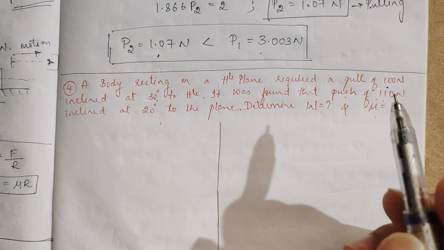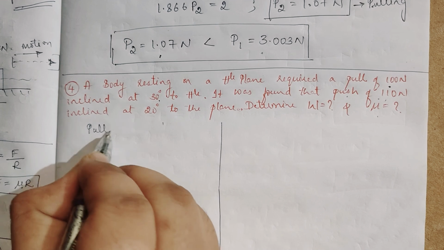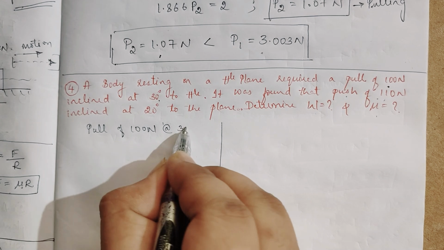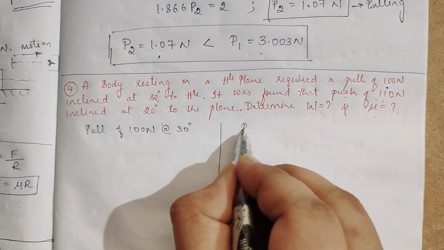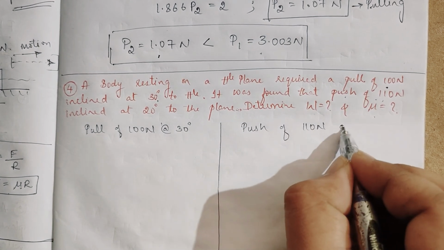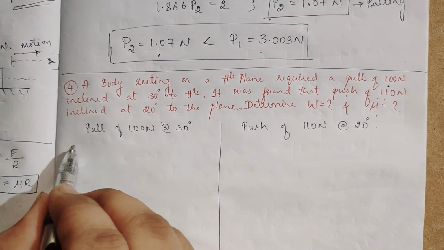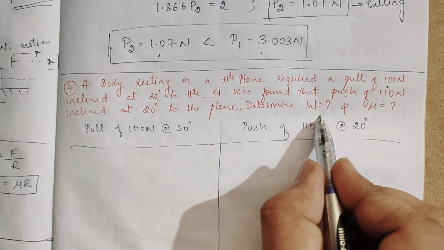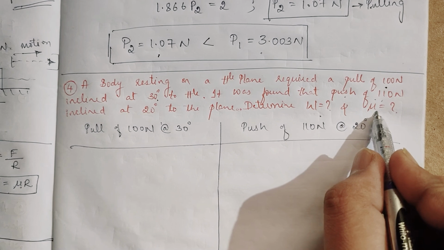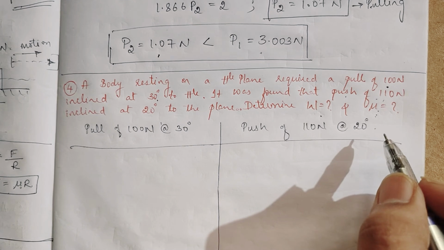Here also we have two cases: a pull of 100 Newton at 30 degrees and a push of 110 Newton at 20 degrees. So there are two cases. What we have to find? We have to find the weight of the body, and we have to find the coefficient of friction. To find the coefficient of friction, what we need? F and R. So we have to find F, R, W, and P is given.